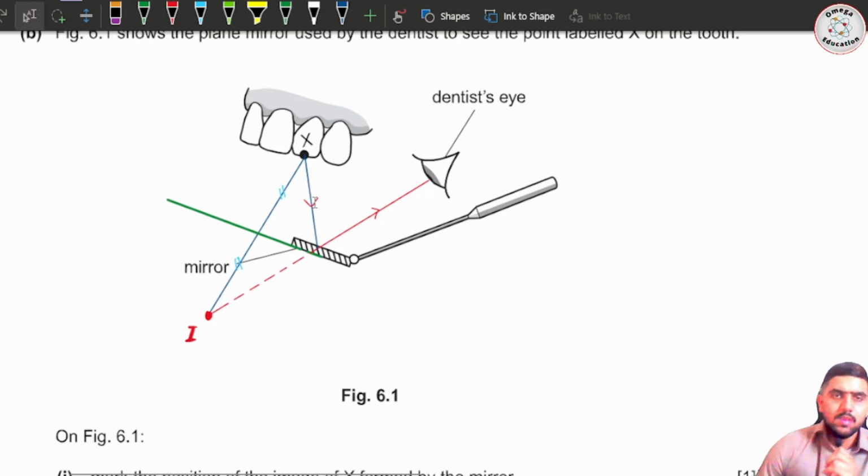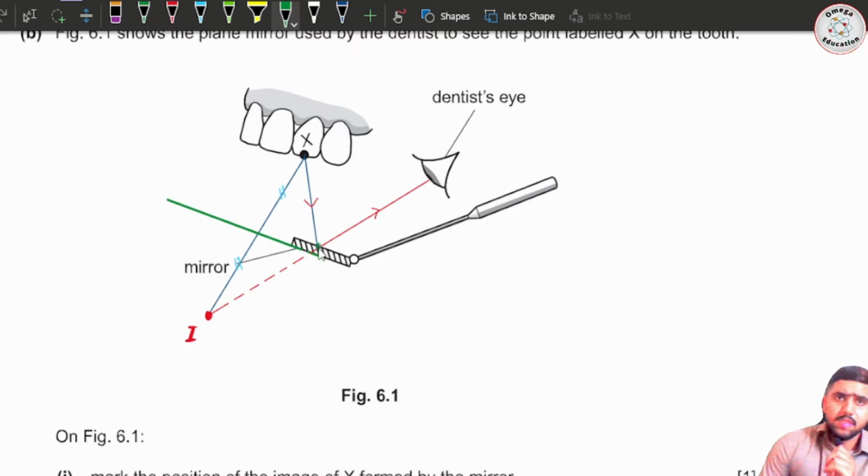So once again, a quick recap is, first you have to locate the image on the other side of the mirror in the same line, and then you draw a line that stretches from the image towards the eye, and in this process you will get a point of incidence on the mirror.